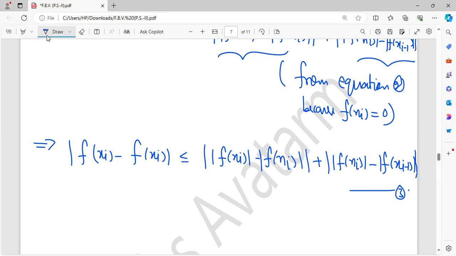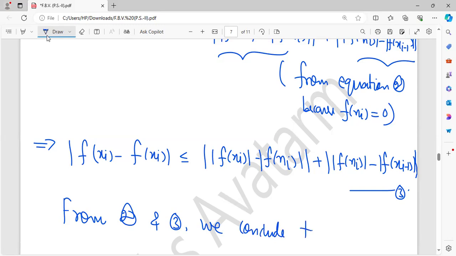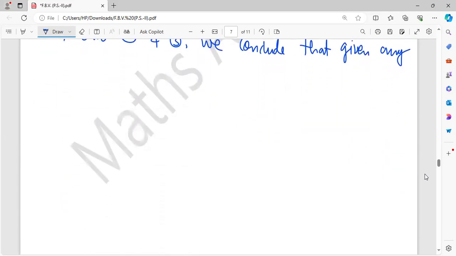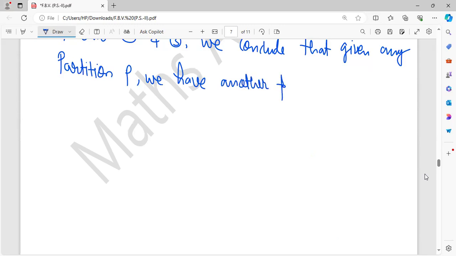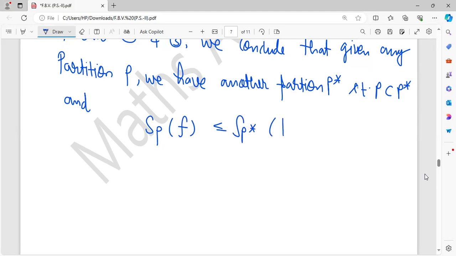So from 2 and 3, we conclude that given any partition, because we are getting additional points, eta I. So we can say given any partition P, we have another partition P dash such that P containing P dash, and SPF is less than SP dash, okay, like this.